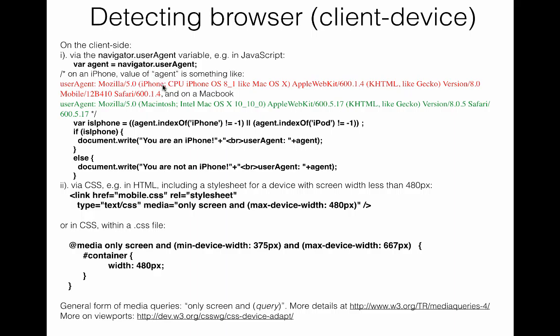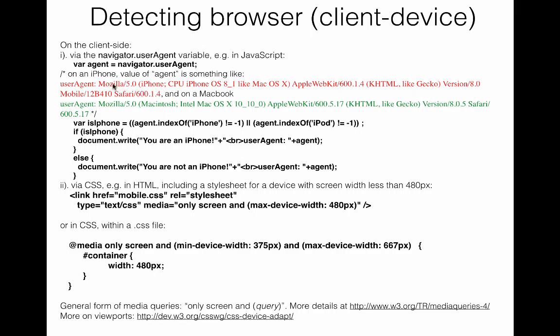Well, if you are on an iPhone, it will look something like that. That part in red is the value of navigator.userAgent on the iPhone. You notice that you have this user agent attribute with the value as this entire string, Mozilla/5.0.